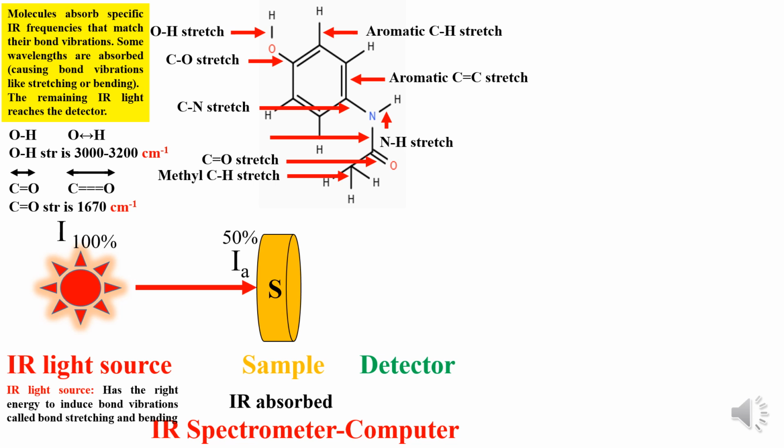So the functional groups absorb specific IR frequencies and thereby bring about the stretching and bending vibrations. So this IR frequency is very specific towards a particular functional group.